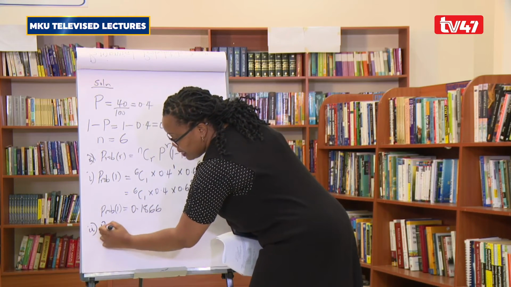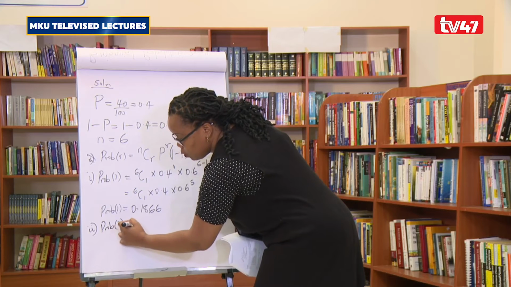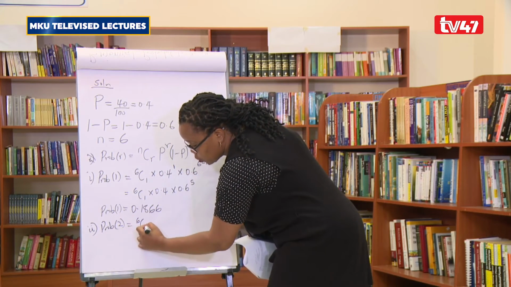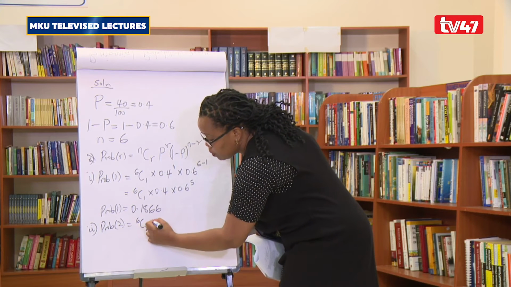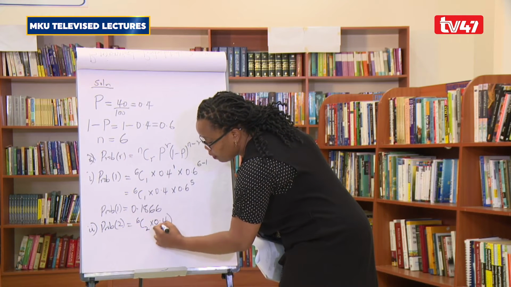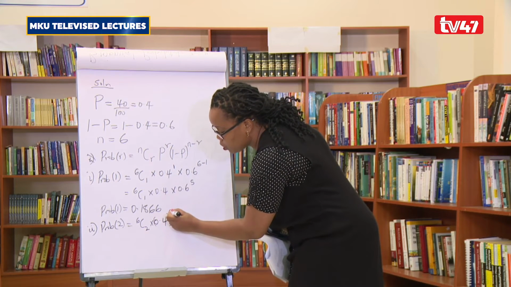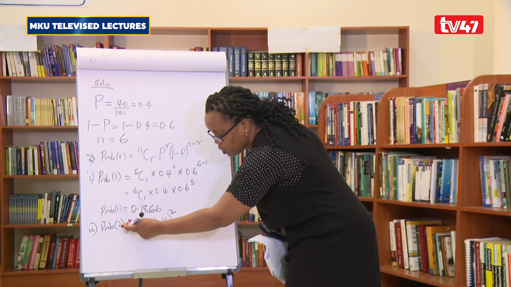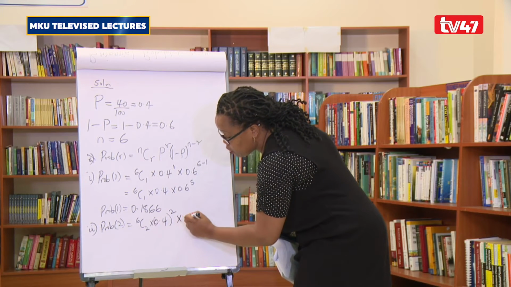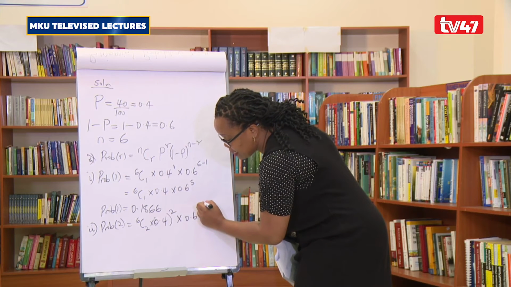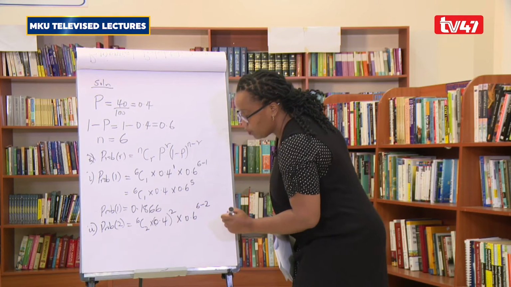So ideally it's just the probability of 2 infected with the disease, which in this case will be 6 combination 2 multiplied by 0.4, following the formula, 0.4 raised to power r, which is 2 in our case, multiplied by 0.6 raised to power 6 minus 2.